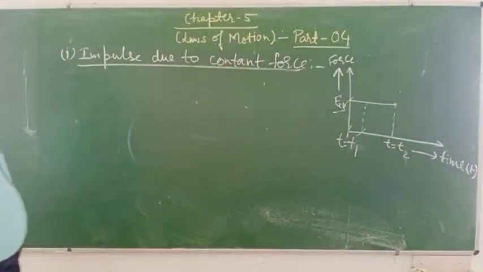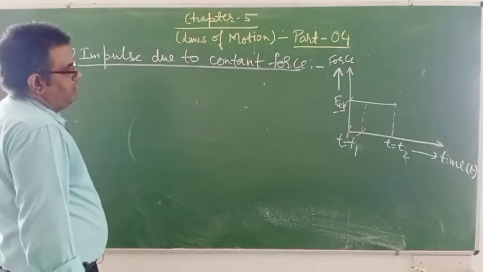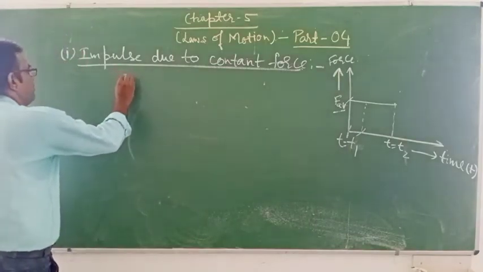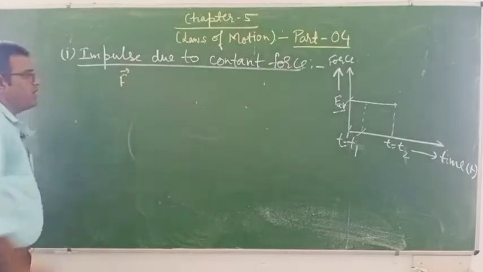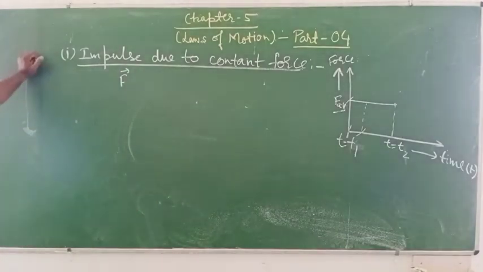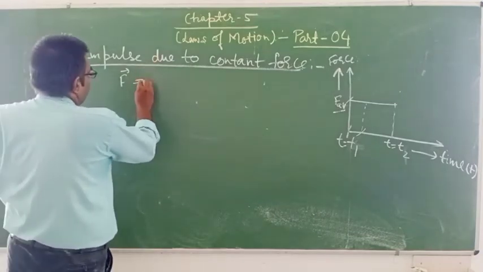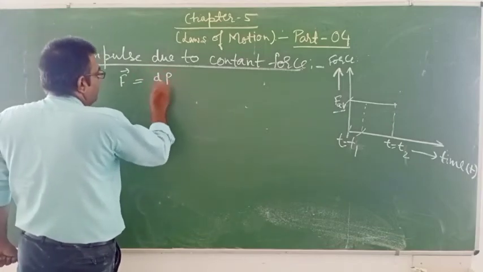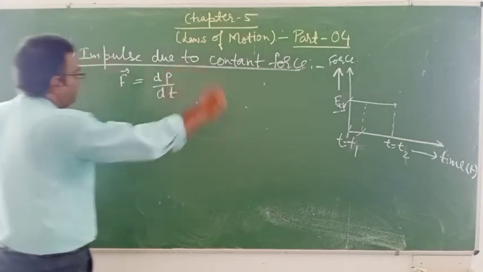Now, as we have discussed impulse, first of all we will define the force. As you know, force, according to Newton's second law, because this is the application of Newton's second law, that is F is equal to dp upon dt.